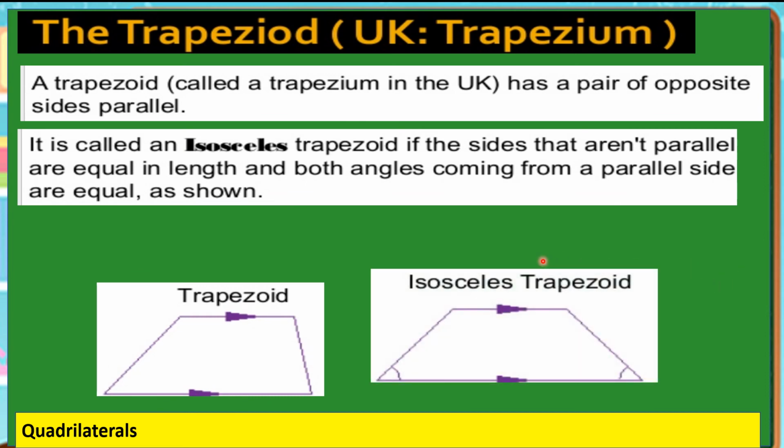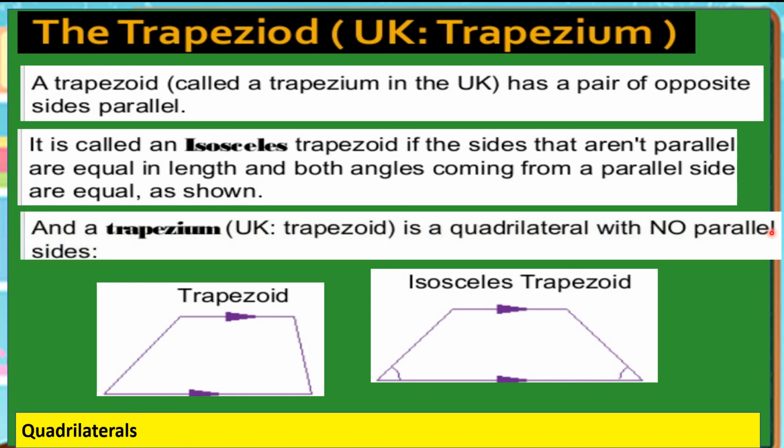So in an isosceles trapezoid, the upper base and the lower base are parallel, these two legs are congruent, and the base angles are also congruent. And a trapezium is also a trapezoid, a quadrilateral with no parallel sides.